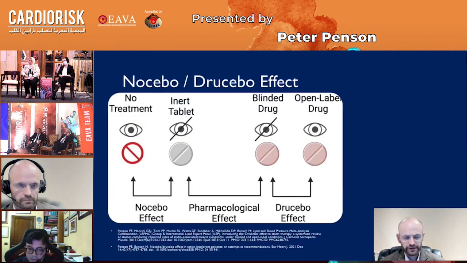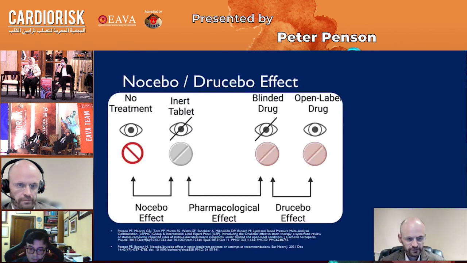But I'd like to focus today on one particular aspect of statin intolerance. This is the perception of patients often that a drug is causing an effect, when in fact that's not always a pharmacological effect of the drug.